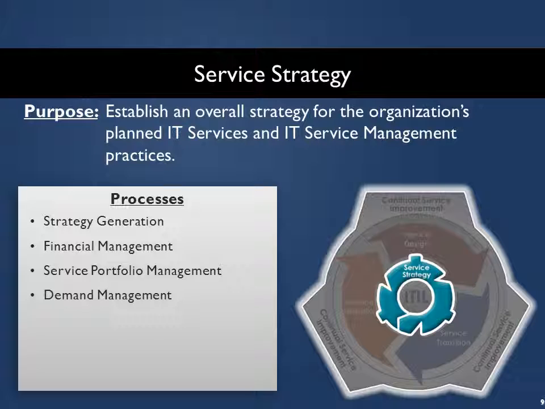In service strategy, you define what the service is to accomplish in relation to the business goals and objectives. Simply said, how is the service going to help achieve our business goals? How will the service add value to the business? What are the strategic goals of the service which are aligned with the business goals?